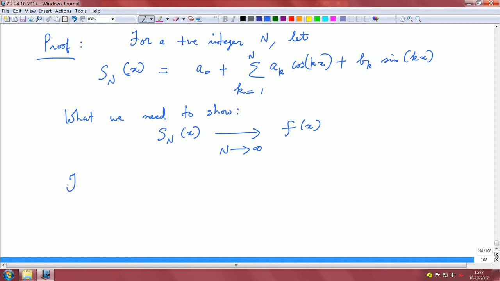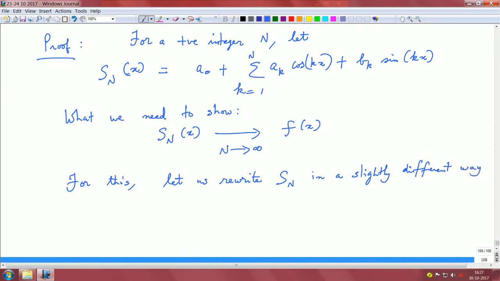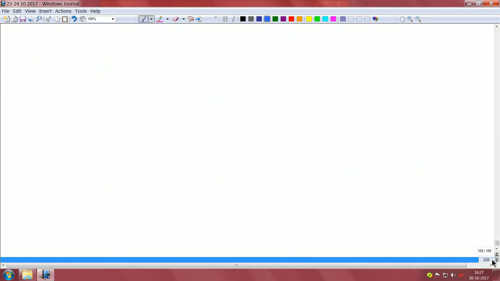Now, for this let us rewrite Sn in a slightly different way. We will see this through a sequence of steps. So, step 1.